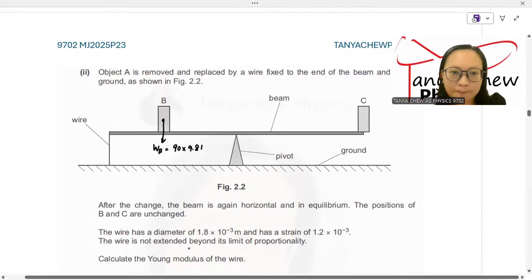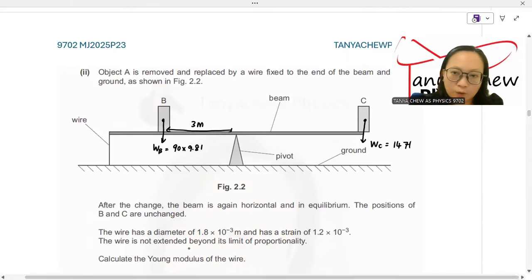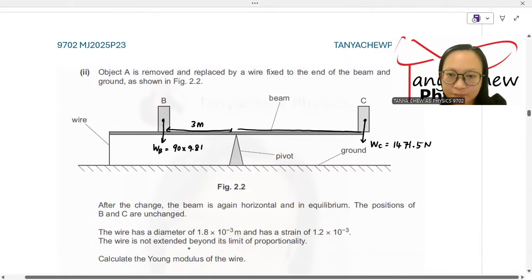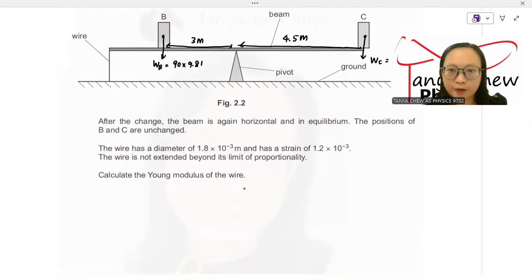The perpendicular distance between B and the pivot is still the same, which is 3 meters. The weight of C is equal to 1471.5 Newton, and the perpendicular distance between C and the pivot is 4.5 meters. And it is in equilibrium. Remember, the positions of B and C are unchanged.